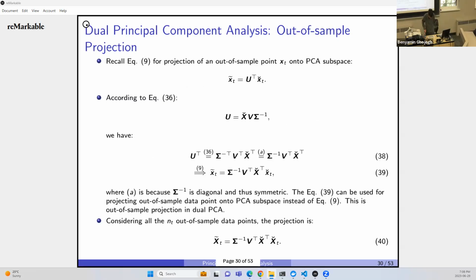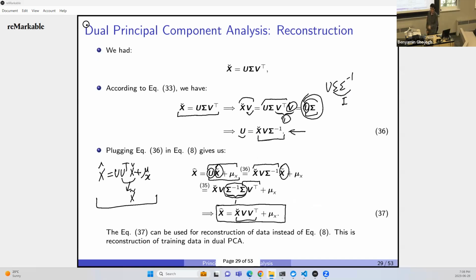Now let's go to out of sample data. So projection of out of sample data in direct PCA. What was it? U transpose X T back hat, right? And T stands for test or out of sample data. Then, in the previous slide, we found U equals X back hat V sigma inverse, as shown in equation 36, right?